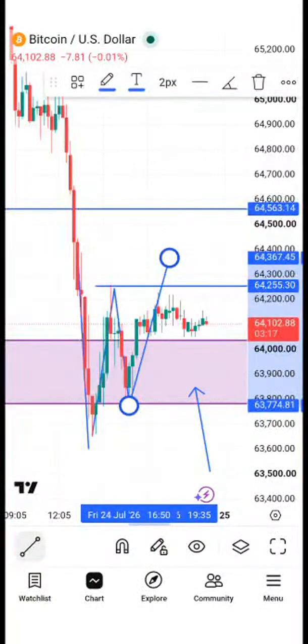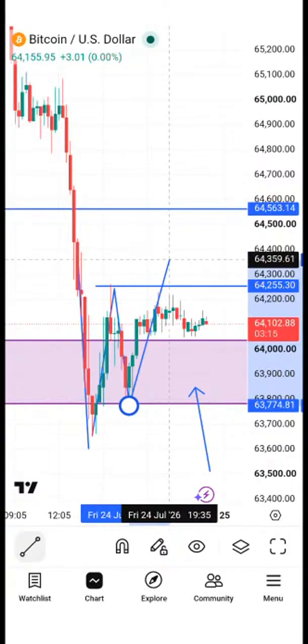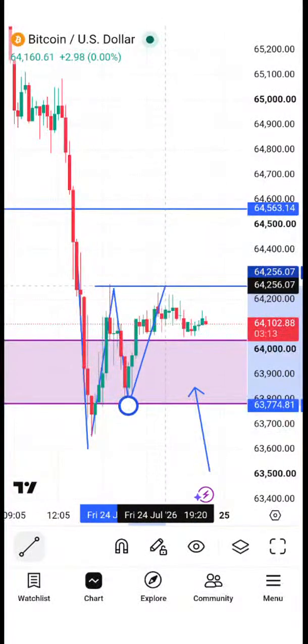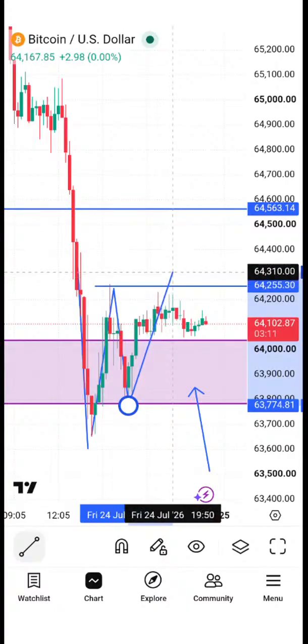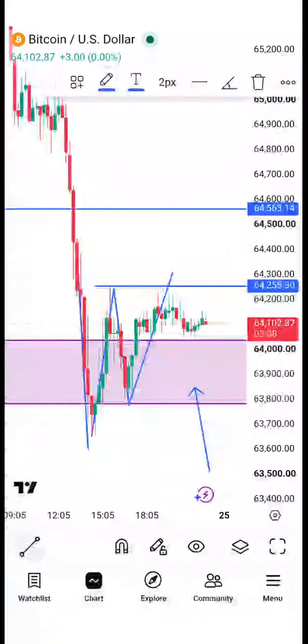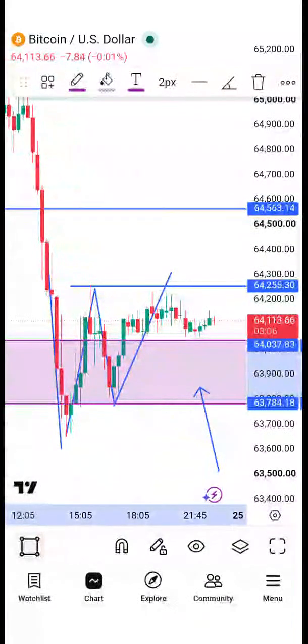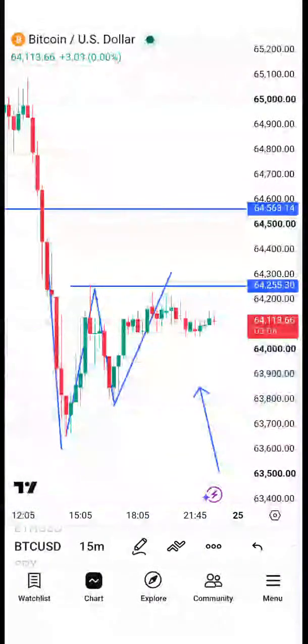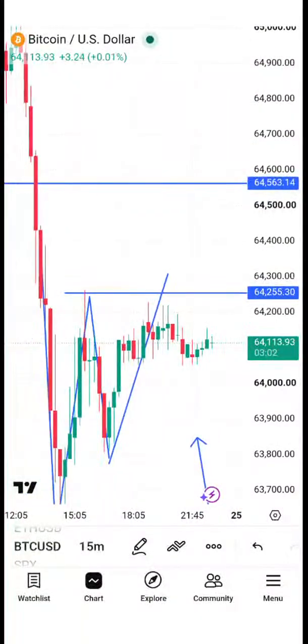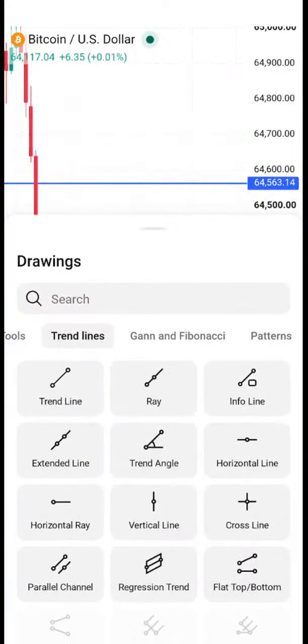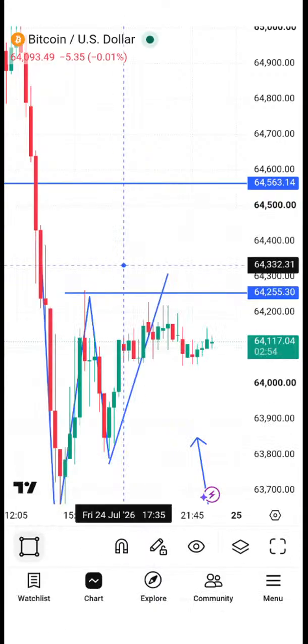When price breaks above this zone and it closes, we are going to look for a buy on this fair value gap.